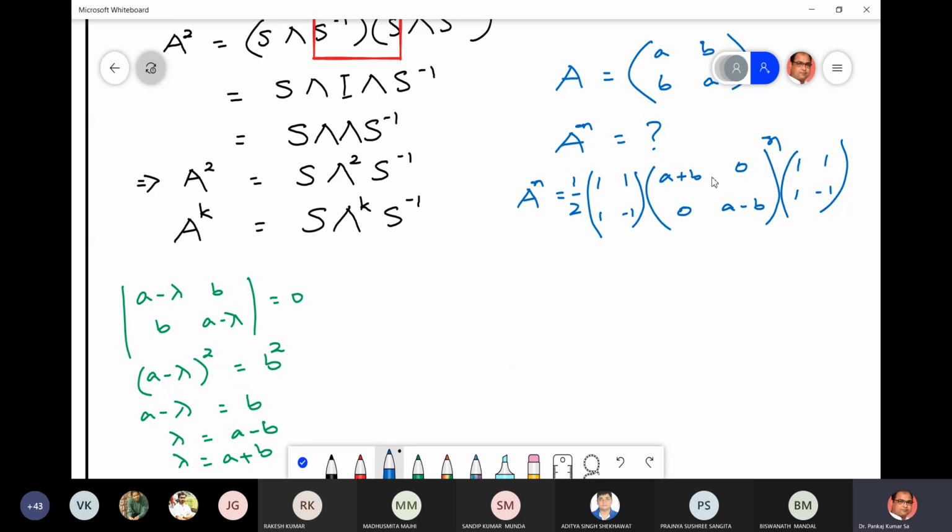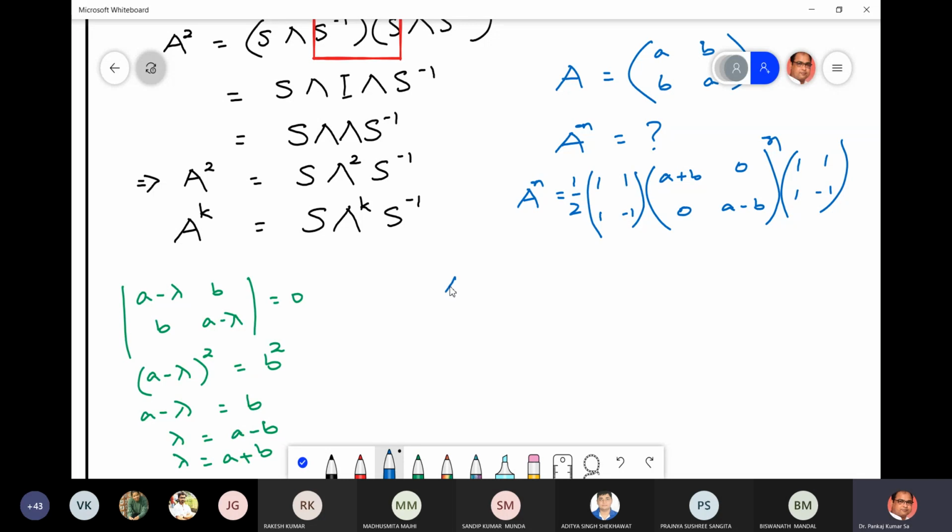So what about this one? This eigenvalue matrix raised to the power n. As all the off diagonal elements are 0, I have the values as a plus b to the power n and a minus b to the power n.